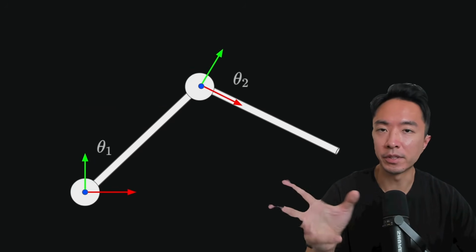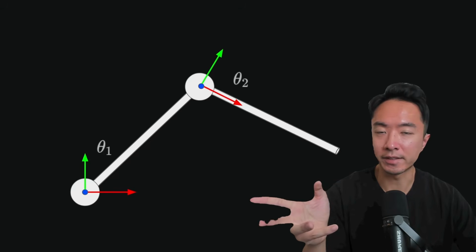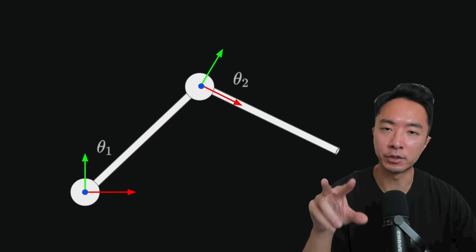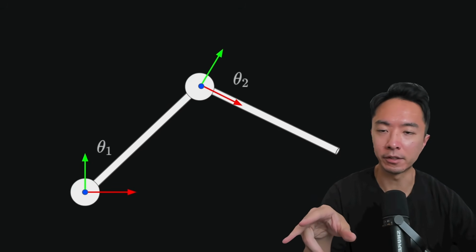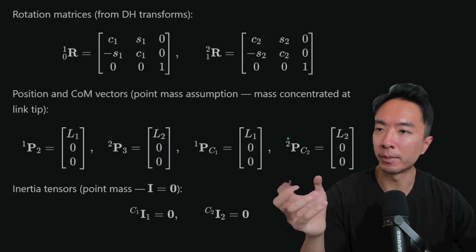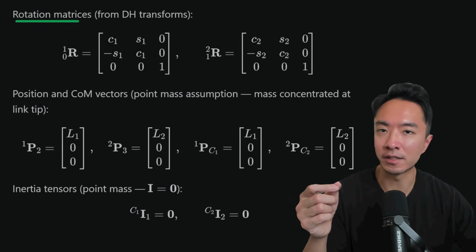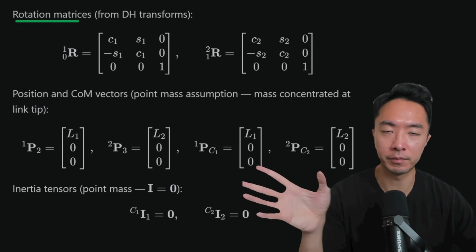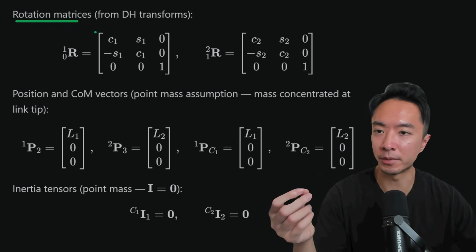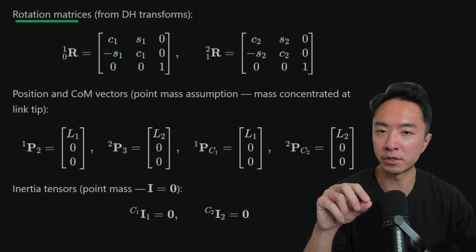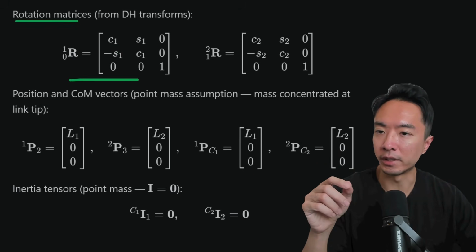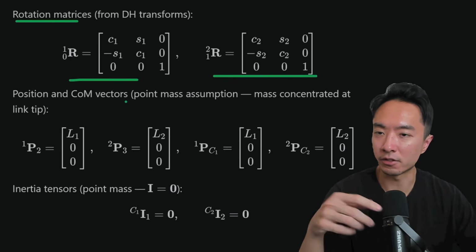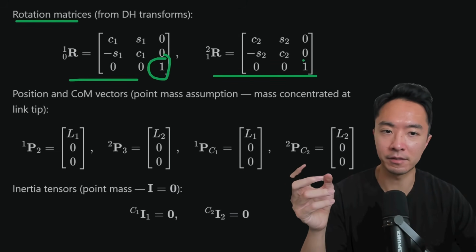Now, the best way to understand all this is with an example. So we'll be covering a 2DOF robot example here. And you can see right off the bat, we have our rotation matrices, which we covered in our previous videos where we covered the transformation matrix. So we're just pulling the results straight from there. Here we have our rotation matrices, just rotation about the z-axis, right?